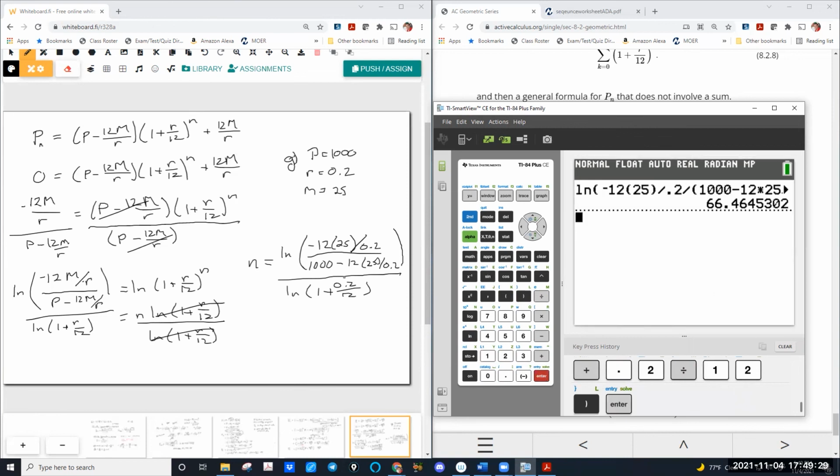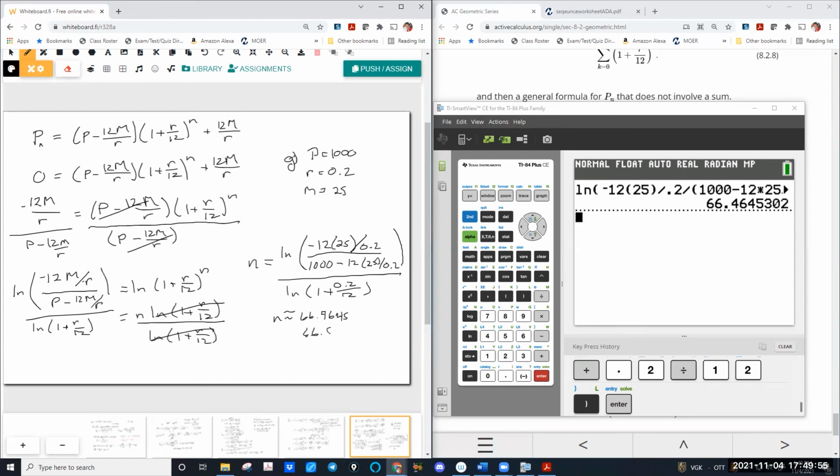So we find out it's going to take about 66.46 months. So we'll probably need to round that up because after 66 months, we won't have quite paid off enough. So maybe we have 66 and a half months.